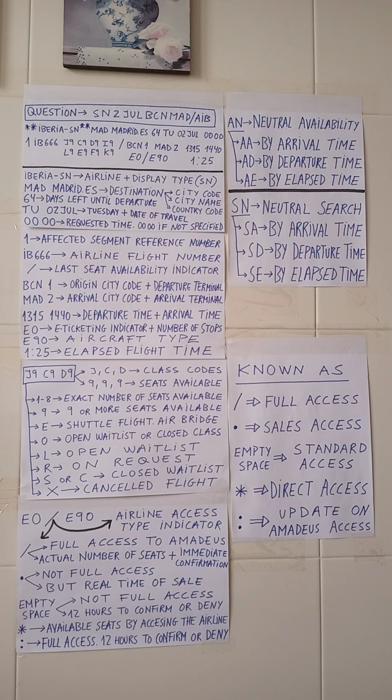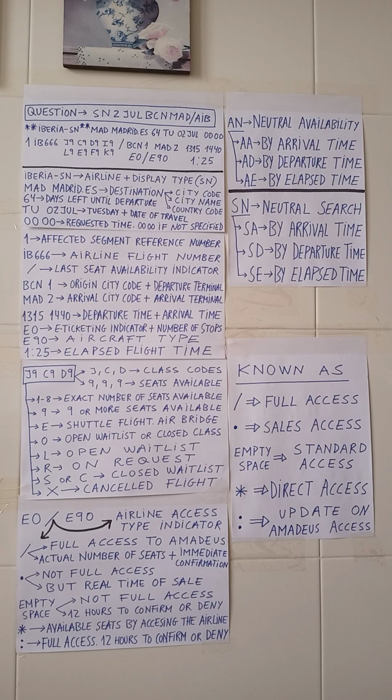The slash means that we have a continuous connection with Amadeus. It also means that the number of places that are displayed are the real ones and that the confirmation is immediate. The type of access that is represented by the bar is called full access.